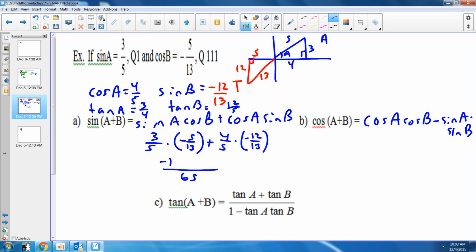So this becomes negative 15 minus 48. So that's a negative 63 over 65.